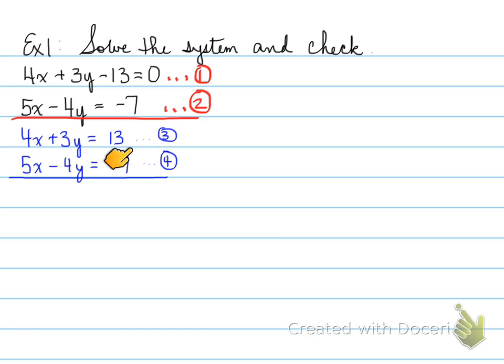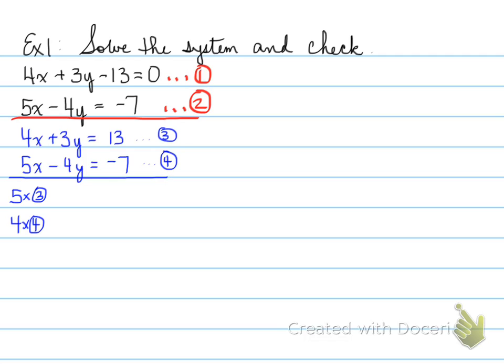Because we've aligned everything, we can then just multiply the top line by this number 5 and the bottom line by this number 4. All right, so again, let's write the step out here. 5 times line 3 and 4 times line 4, and we're going to write out the new equations.